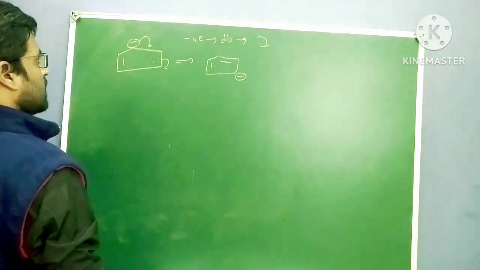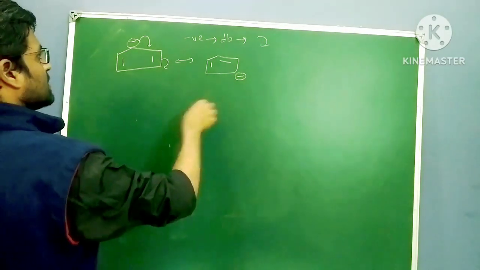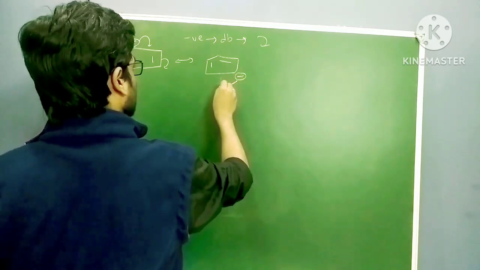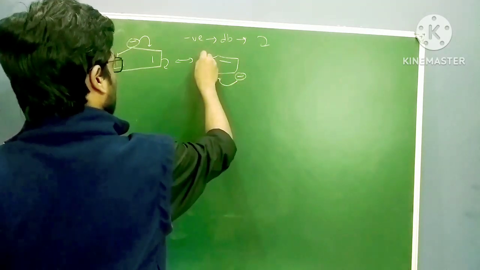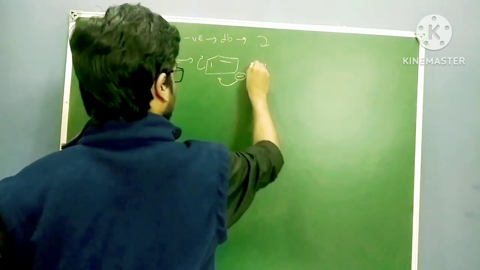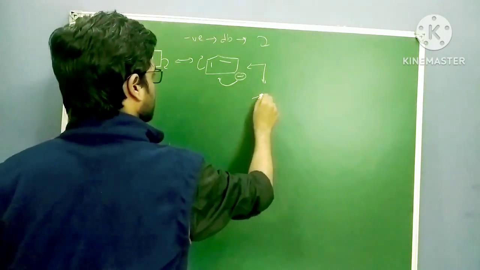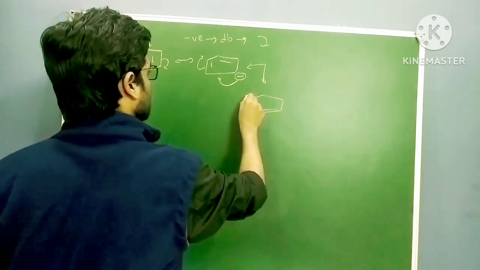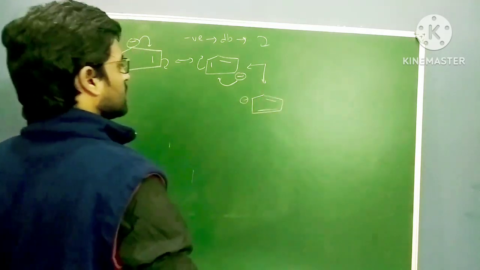This is the first structure, right, clockwise, minus towards double bond. So I'm getting this structure now. Here double bond, here minus, here double bond, right?